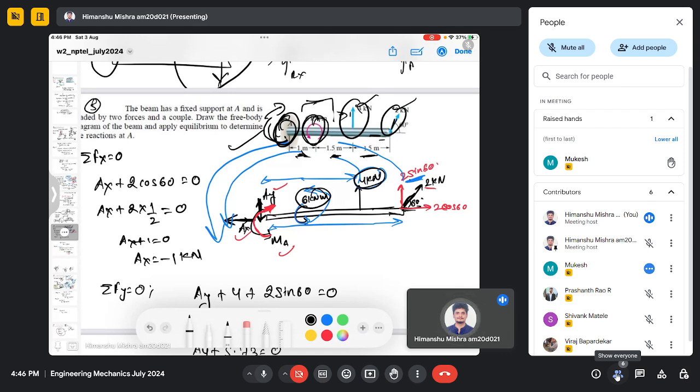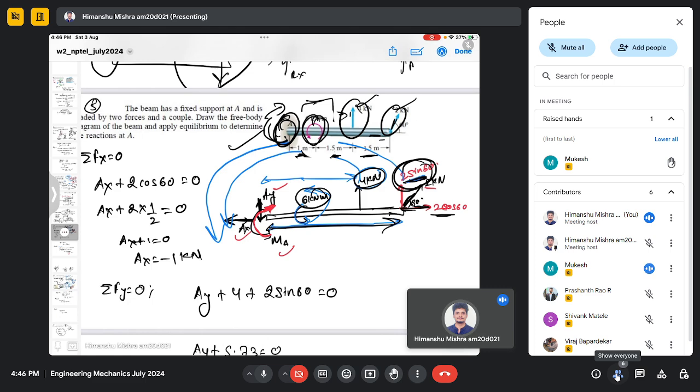We break it into x and y components, and we see that only the y component is creating a moment because it has a perpendicular distance, whereas the x component does not have any perpendicular distance, so it will not cause any moment at point A.